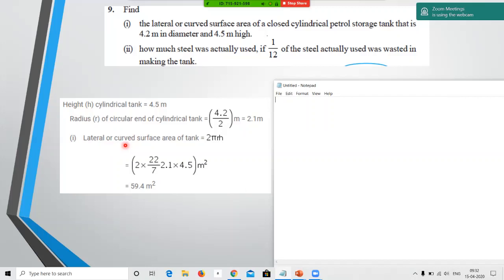So here goes your lateral or curved surface area of the tank, 2 pi r h, 59.4 meters square. Now, the second part, you have to understand it. Now just tell me one thing, don't look at the next part of the sum. How much steel was actually used? When we are making this petrol storage tank, which is completely closed with steel, how do I find what will be the amount of steel used?